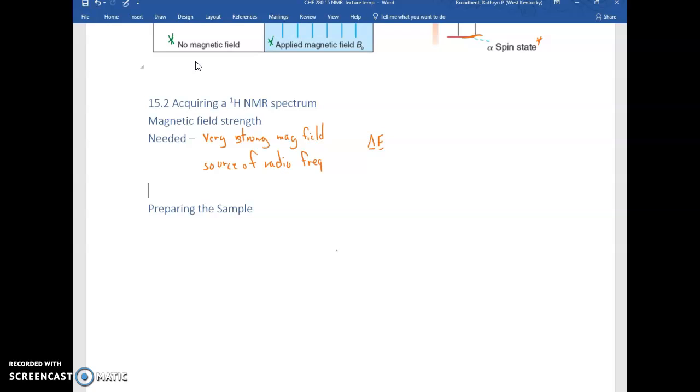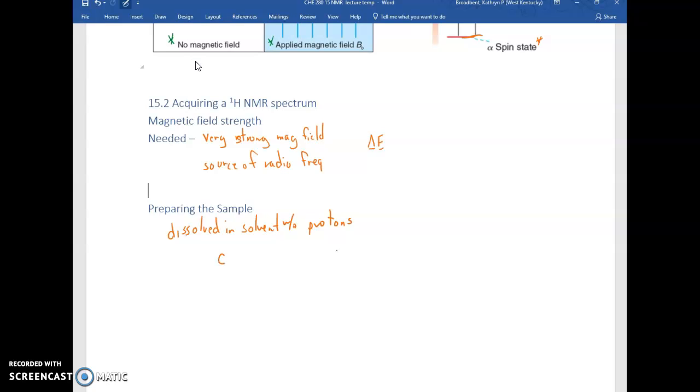To prepare the sample, it has to be dissolved in something that doesn't have any protons, because what we're looking at is proton spin. So we're going to dissolve it in a compound without protons. And you're probably already asking, that's got to be pretty hard, right?